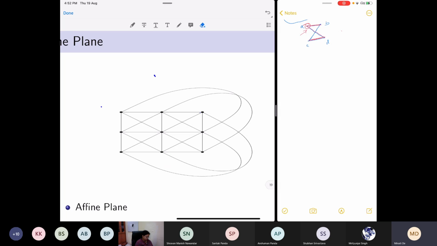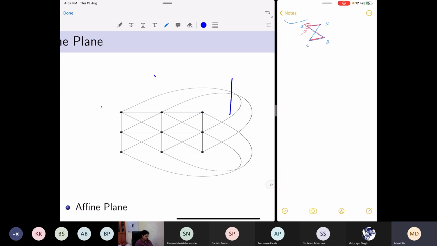Now let's see whether our properties are satisfied. Can you see that there exist 3 points which are not collinear here? Can you see that there exist at least 3 points which are not collinear?